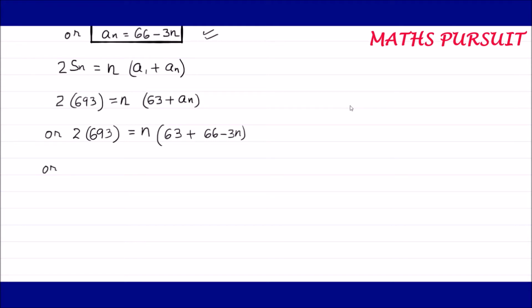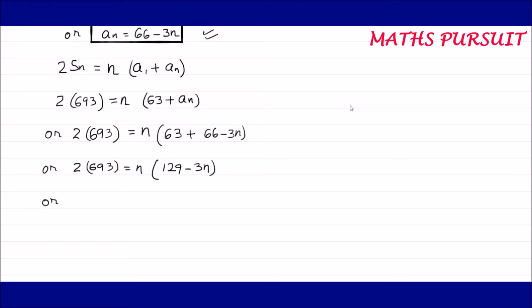So I can write 2 into 693 is equal to n into 63 plus 66. So 63 plus 66, how much are you getting? 129 minus 3n.